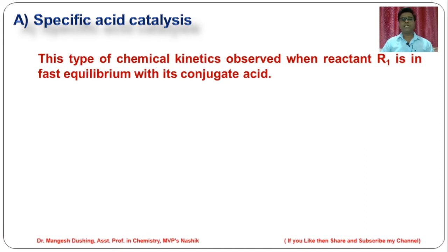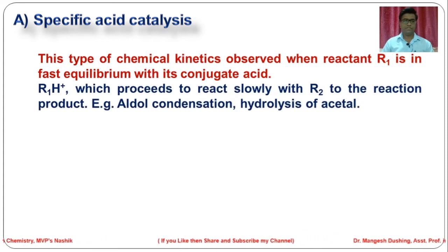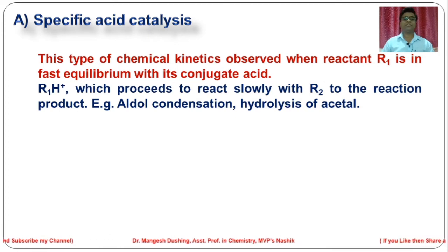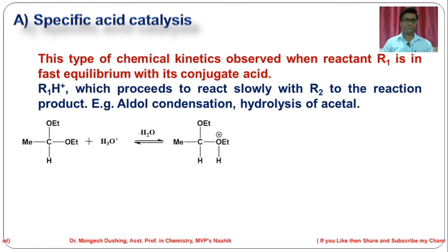This type of chemical kinetics is observed when the reactant is in fast equilibrium with its conjugate acid, that is R1H plus, which proceeds to react slowly with R2 to give the reaction product, for example, aldol condensation or hydrolysis of acetal. We will see the example.